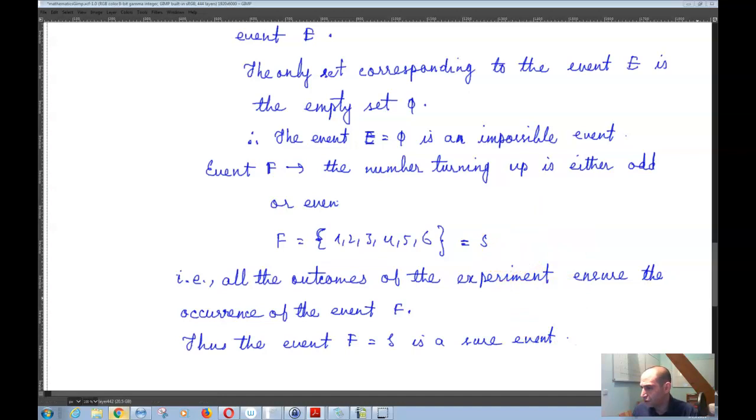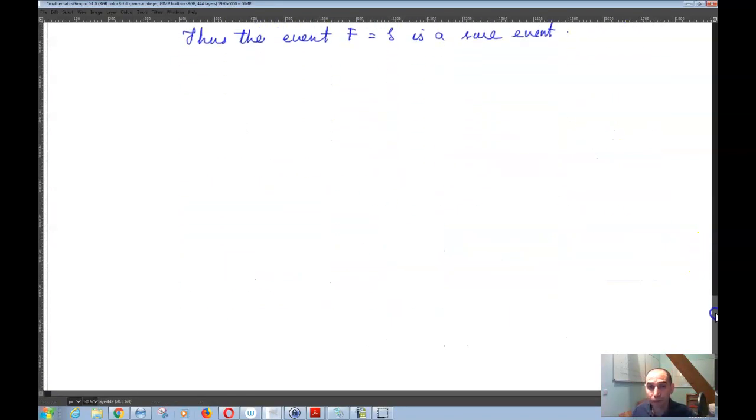And there are two more types of events, which are called a simple event and a compound event. Okay, so there is another type of event which is called a simple event. Let's see what a simple event is.